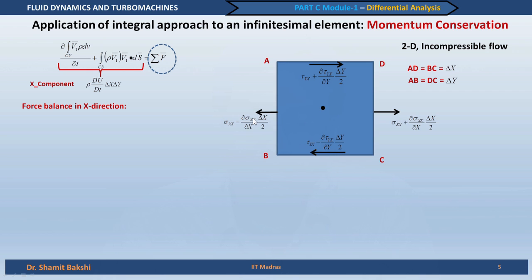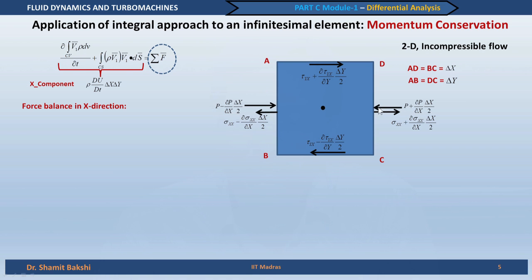So, this is the second consideration, and this is not all, because we have a pressure field. In the pressure field we have a pressure component acting on these two surfaces, like we did while finding the forces in an integral approach. When we obtained the sum of the forces, we considered the pressure field on the control surface.